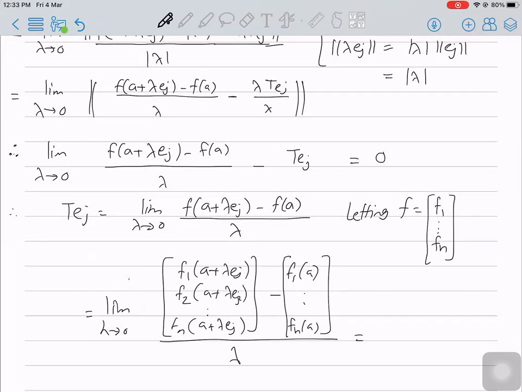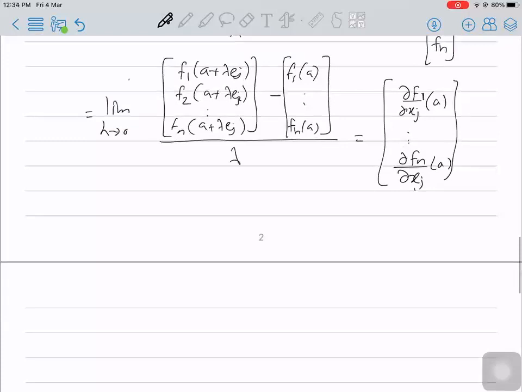And that's precisely the partial derivative of f1 with respect to x_j. So this is del f1 by del xj all the way up to del fn by del xj, of course evaluated at a. That is going to be the column vector.